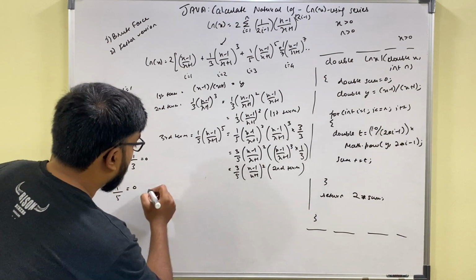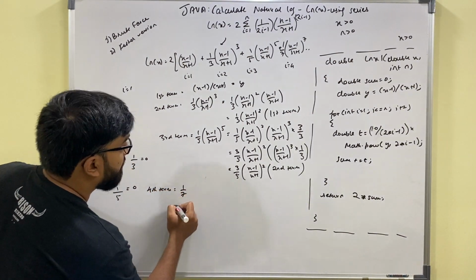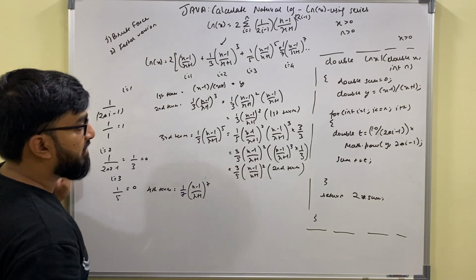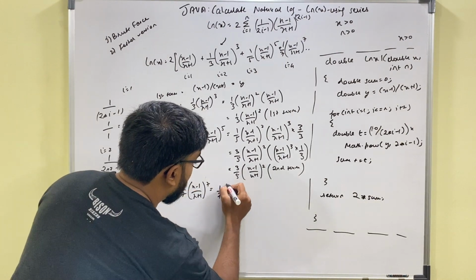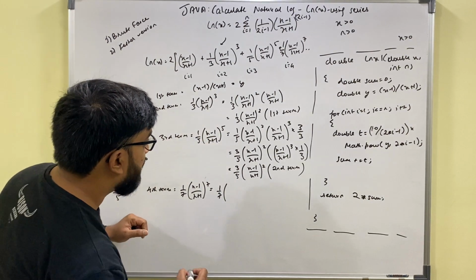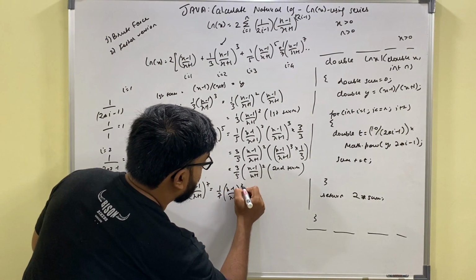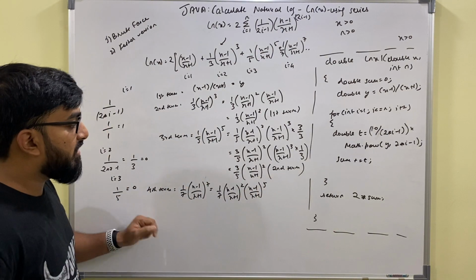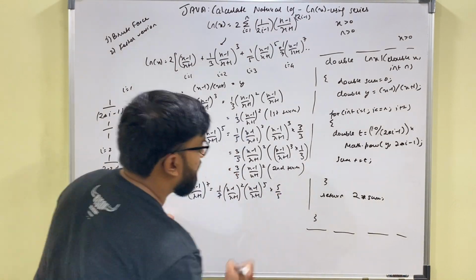Taking the fourth term, it is equal to 1 by 7 into x minus 1 upon x plus 1 to the power 7. This is equal to 1 by 7. I will extract this part as x minus 1 upon x plus 1 whole square into x minus 1 upon x plus 1 to the power 5, multiplying and dividing by 5.